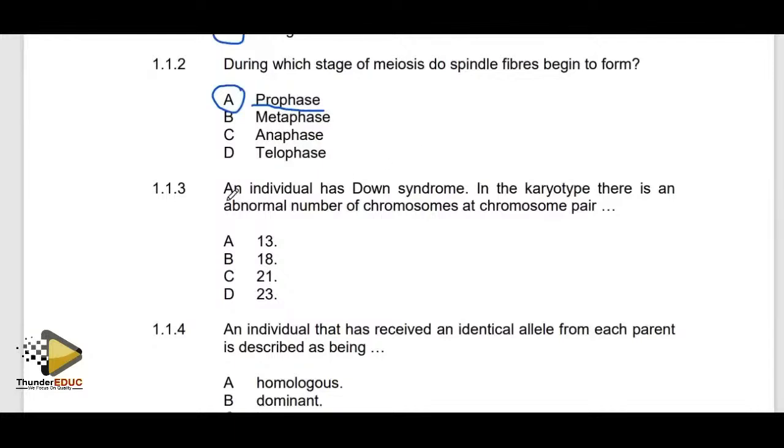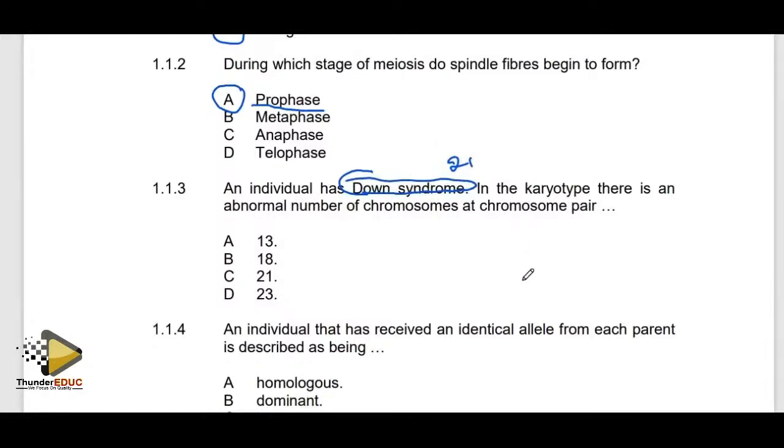Then they're saying that an individual that has Down syndrome in the karyotype has an abnormal number of chromosomes at chromosome pair. So whenever you talk about Down syndrome, your mind must go to chromosome number 21.